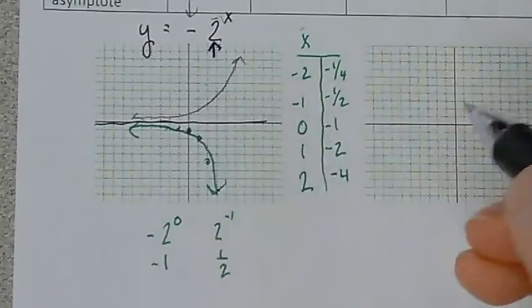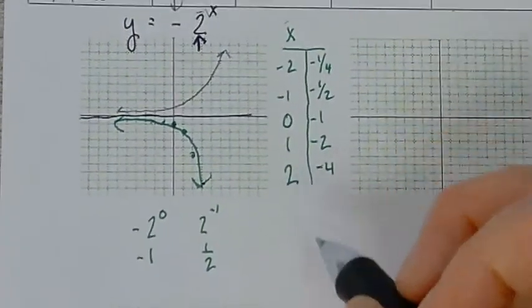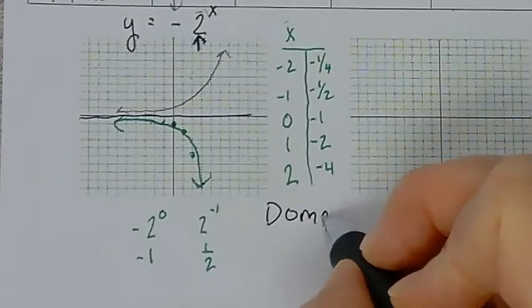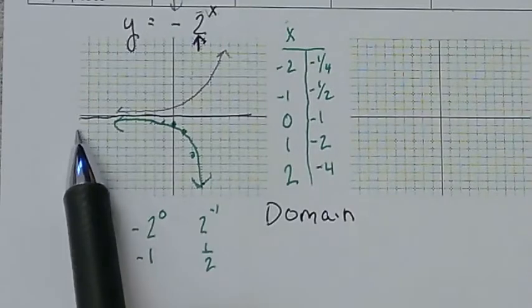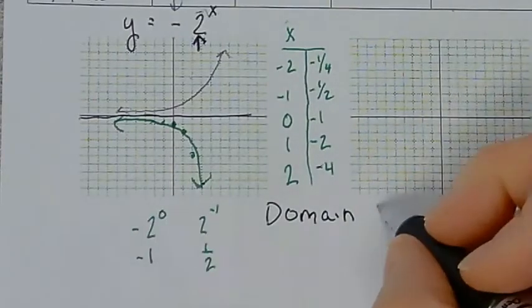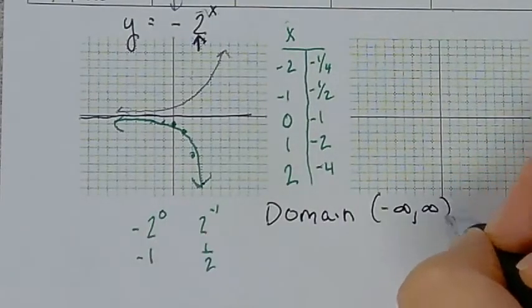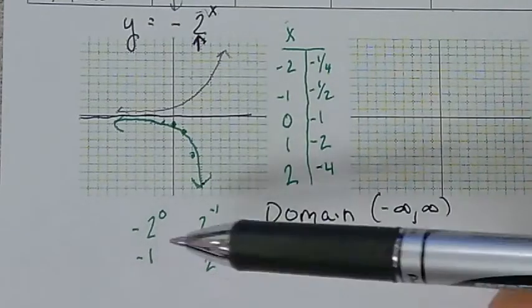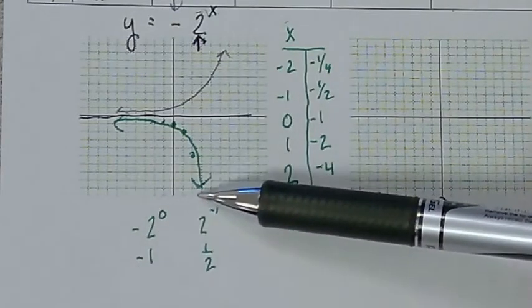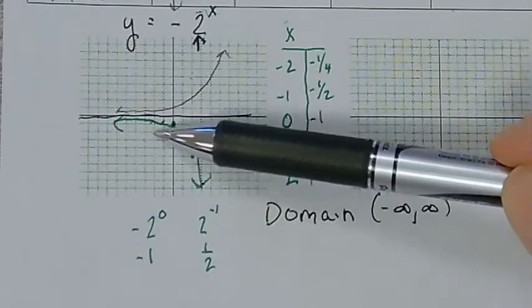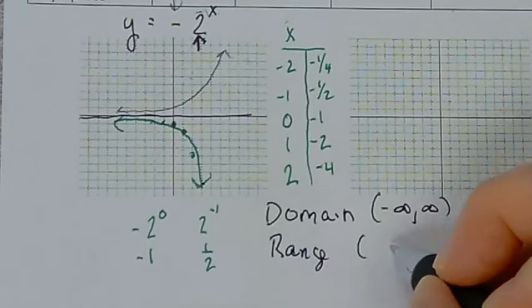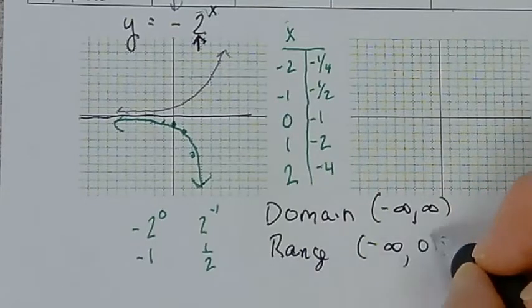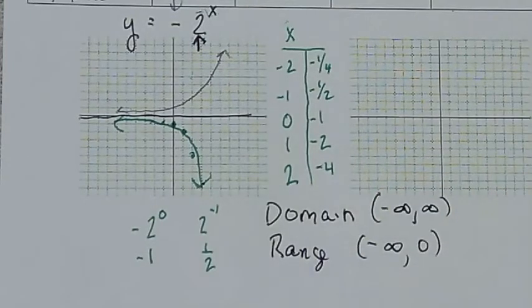Let's think about the domain of this one. The domain, the values that I can put in for x, would be negative infinity to infinity. The range this time, the smallest y value is negative infinity, and the biggest y value that I could have is 0. So the range goes from negative infinity to 0. Let's think about the asymptote.